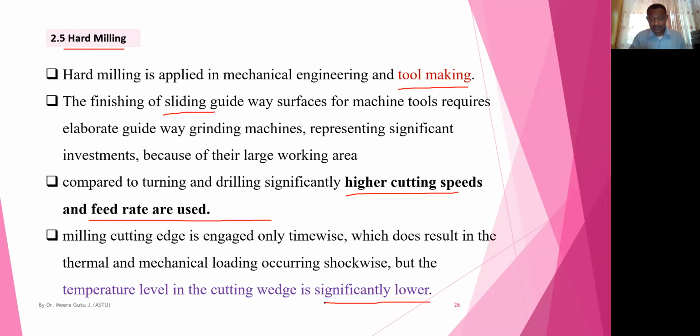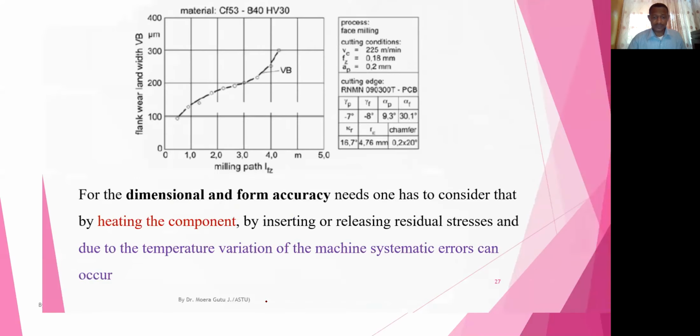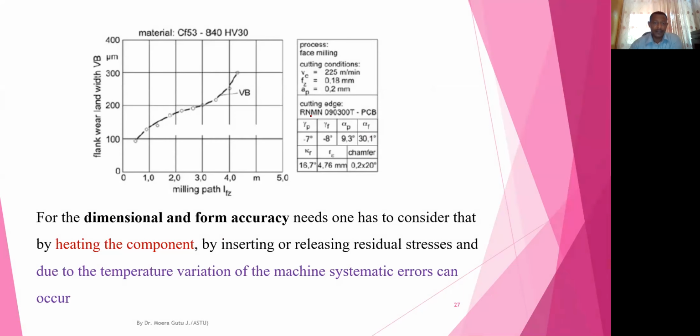The intermittent engagement of the milling edge with the workpiece can allow what? The lubrication and the air cooling system. So in that case, the temperature levels are very low. It can add to tool life.